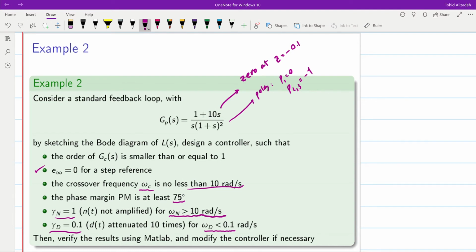As the first step, we would need to draw the Bode plot for this system, considering Gc of s equal to 1. We will have L of s equal to (1 plus 10s) over s times (1 plus s) squared.